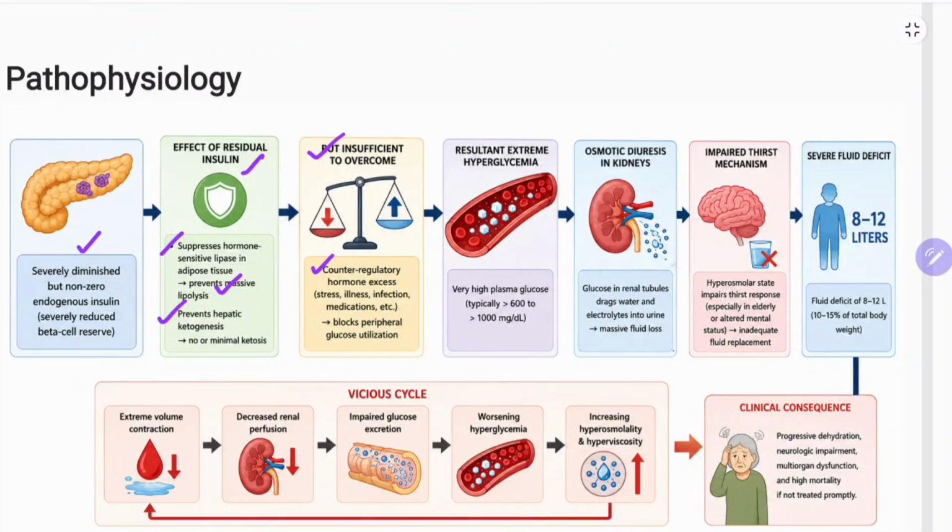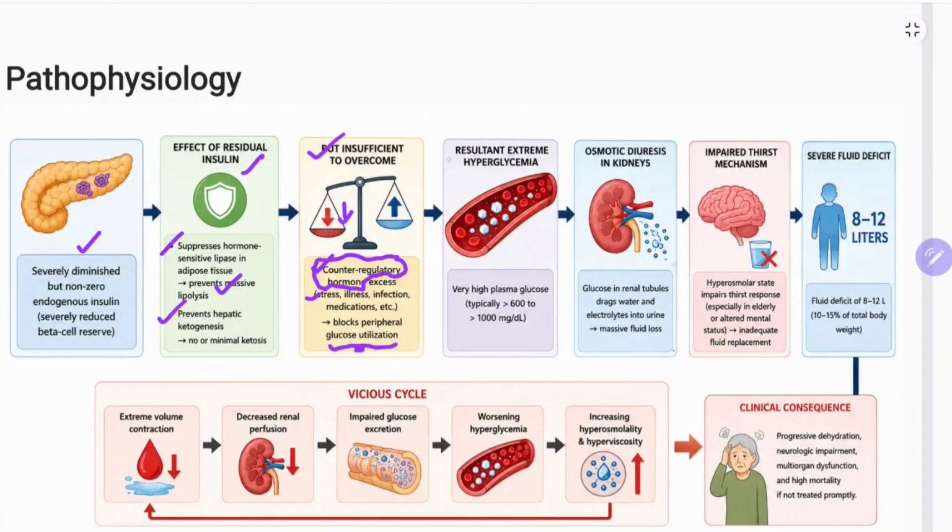Counter regulatory hormone excess, like during stress, illness, infection, medications, etc., blocks peripheral glucose utilization. So decreased insulin and increased counter regulatory hormones due to these factors like stress, illness, infection, medications lead to decreased peripheral glucose utilization.